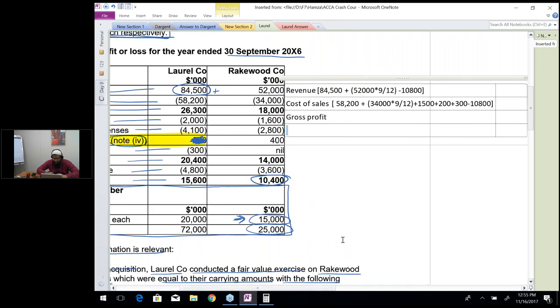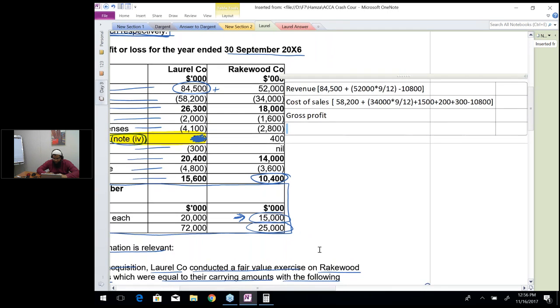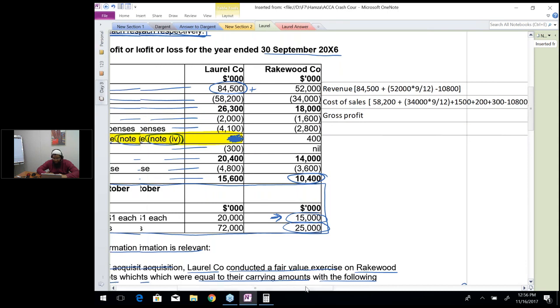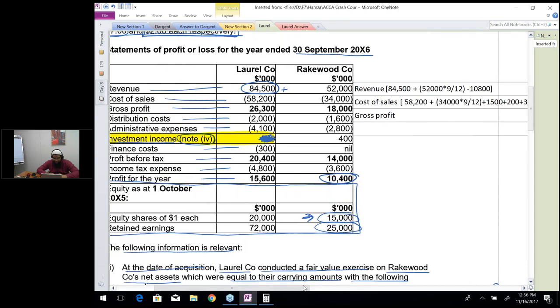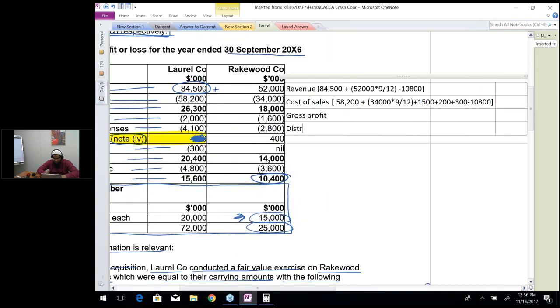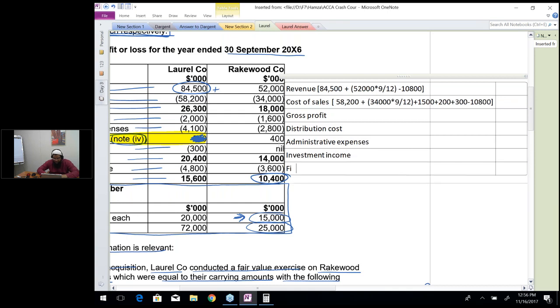And after gross profit, we have distribution cost, administrative expenses, and then we have investment income, and then we have finance cost, and then we have profit before tax.